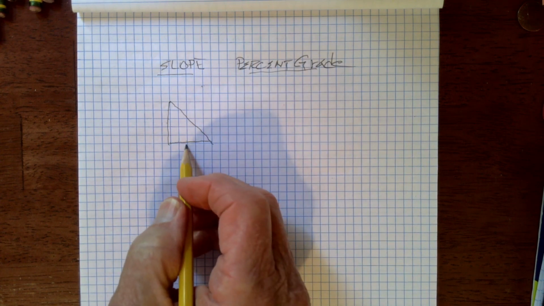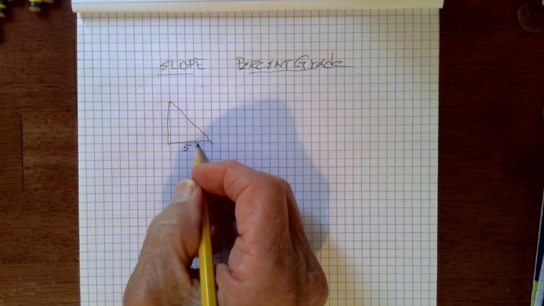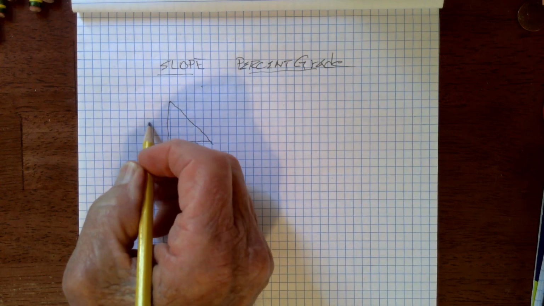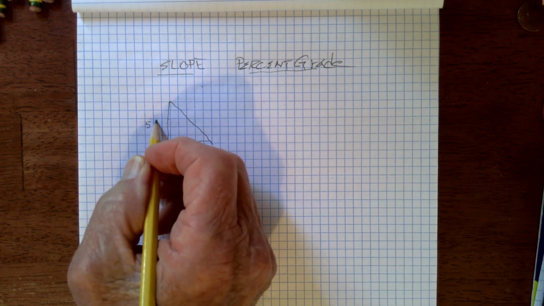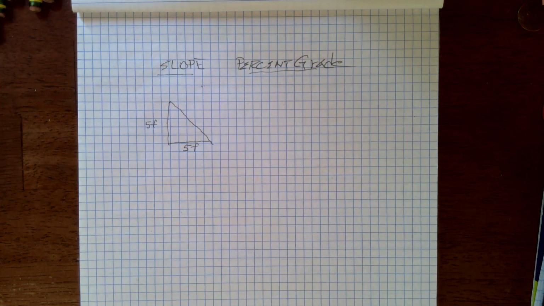So if this is 5 feet, and this is 5 feet, you could say the slope ratio here is 5 to 5, but we wouldn't do that, right?